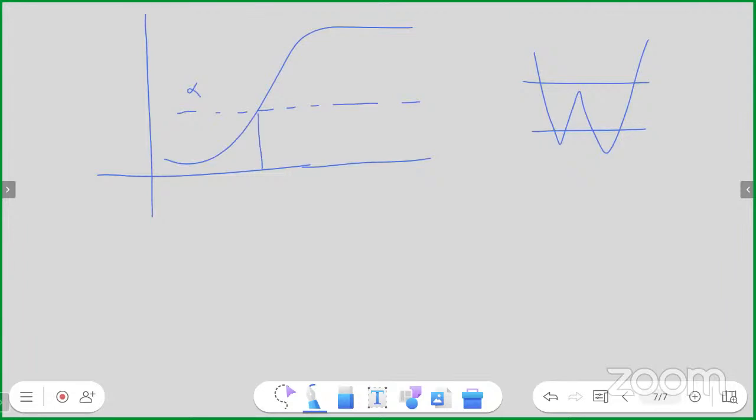Essentially for this part, you keep going, it'll just keep increasing. Now, what happens? This is clearly true, right? But this function is not convex because this is lying below.